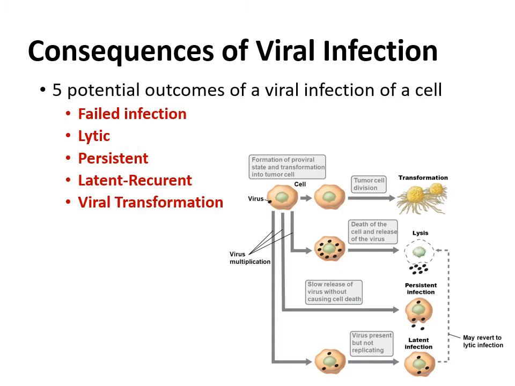Viral transformation is causing cancer in the host because, as you saw in the previous figure, sometimes the viral genes include oncogenes that, once they're integrated into the host genome, cause the host to produce the hormones or products that ultimately lead to uncontrolled cell proliferation. Cells replicate, boom, cancer. I'm going to summarize each of these on the next slide just in case you had trouble writing down any of the definitions.